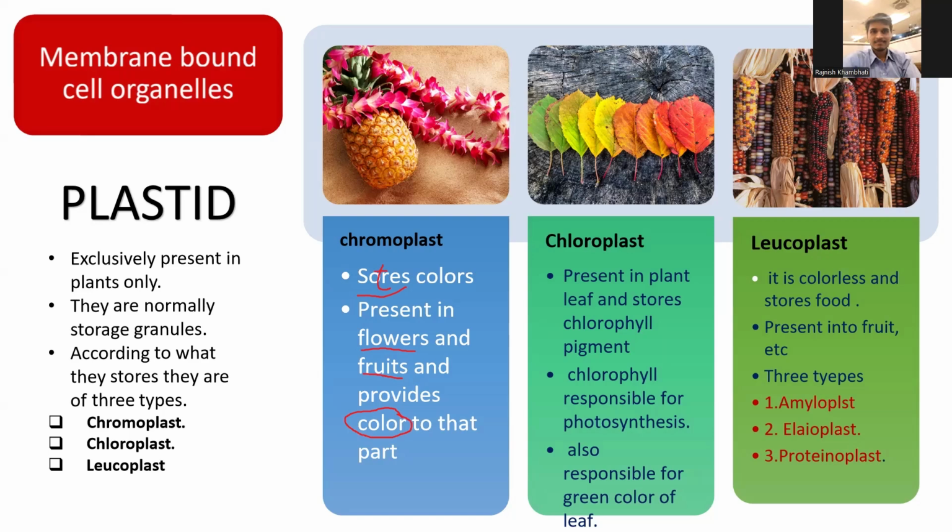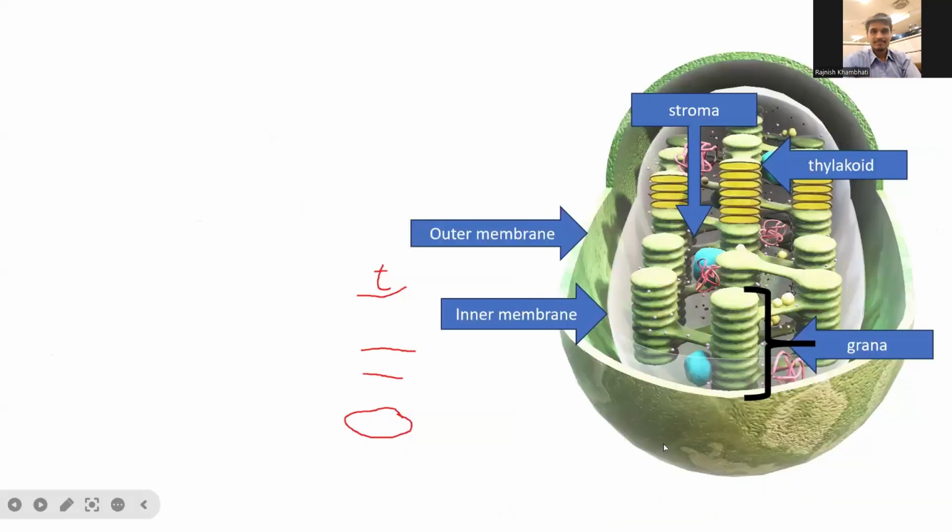Now leucoplast again divides into three categories: amyloplast, oleoplast, and proteinoplast. Proteinoplast stores protein, oleoplast stores fat, and amyloplast stores carbohydrates. So that is how there are three types of leucoplast.